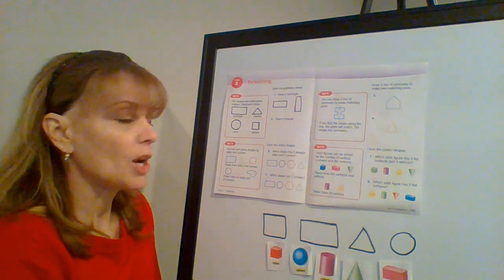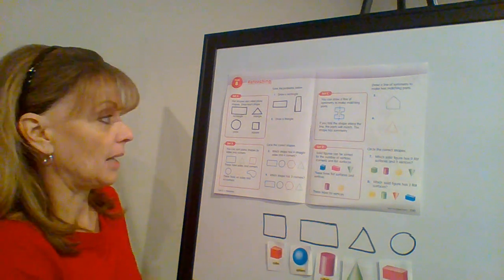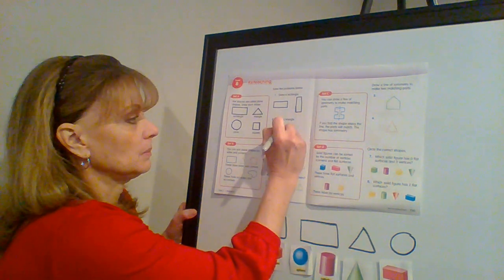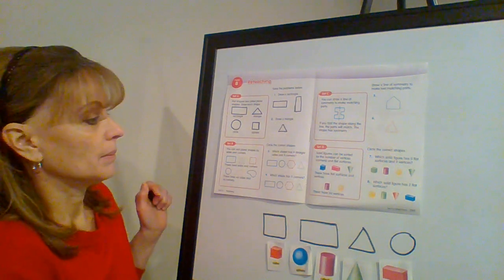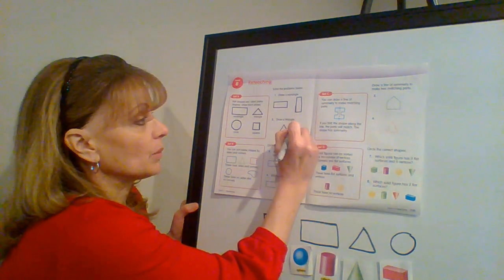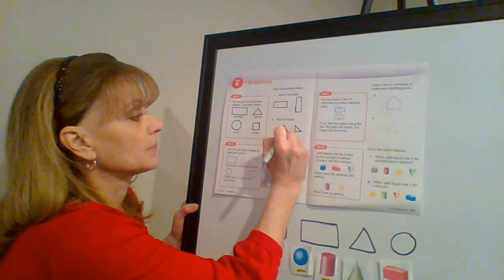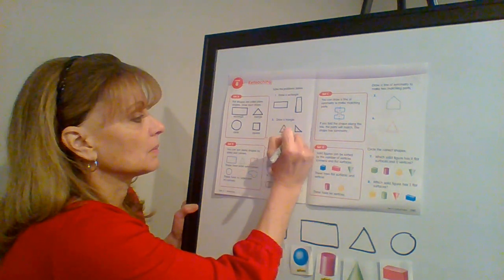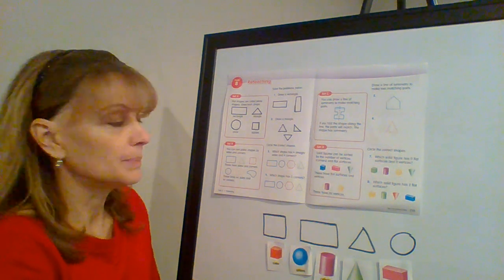Make sure you have straight sides and points. You could also have drawn one that looks like this. That's still a triangle. 3 sides, 3 corners, it's a triangle.